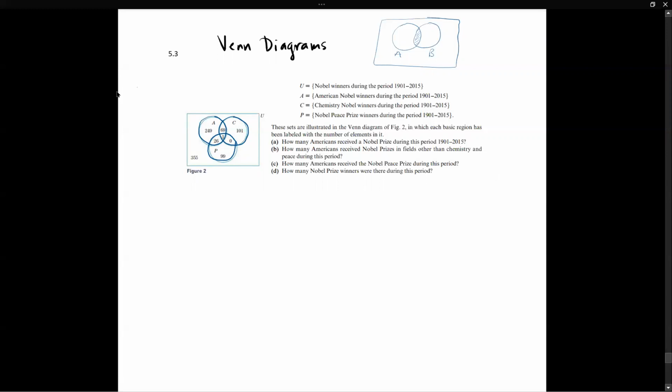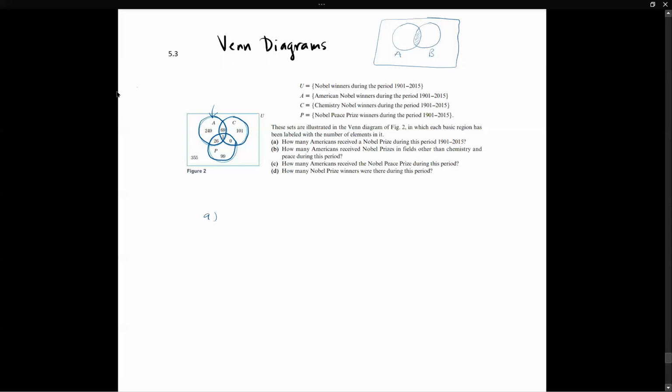Okay, so how many Americans received the Nobel Prize during the period 1901 to 2015? So now we're talking about this A. Inside this set A, there is a 249, a 69, a 1, and a 26, right?